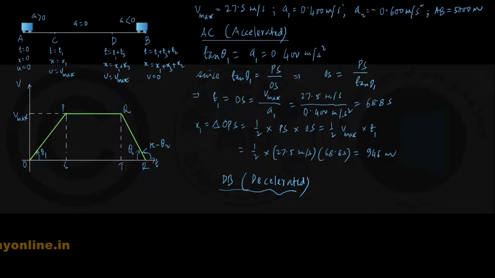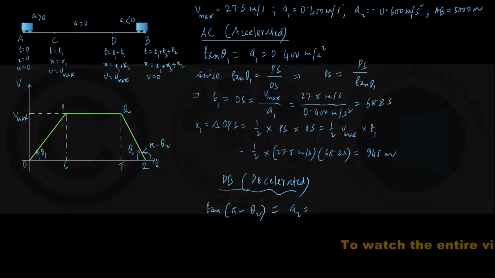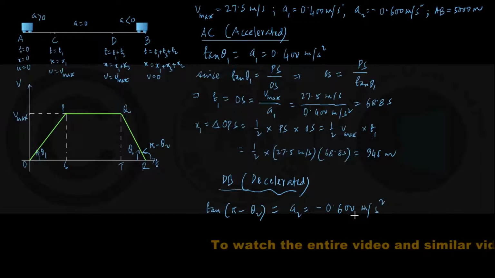Therefore, I might write down here that the slope of QR, which is tan of pi minus theta 2, is given to be A2. As you can see, noted down, the value of A2 is minus 0.600 meter per second square.